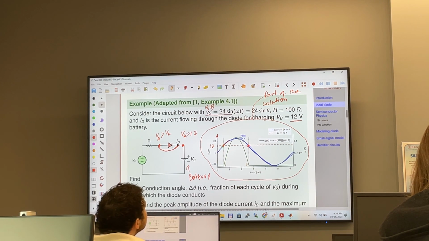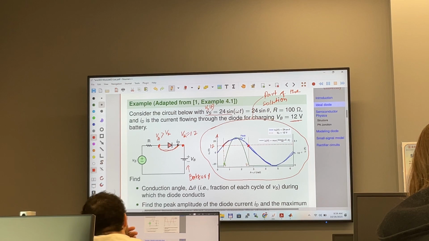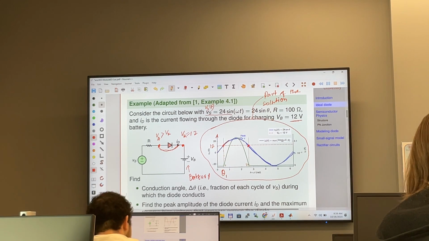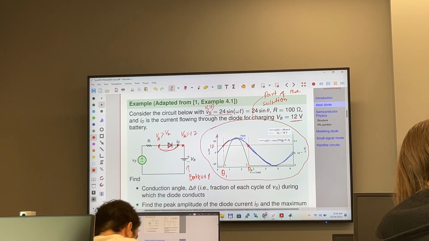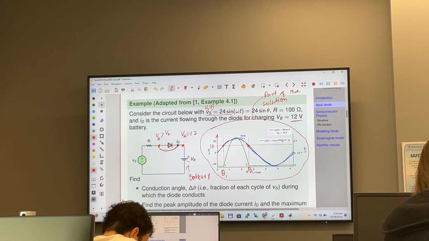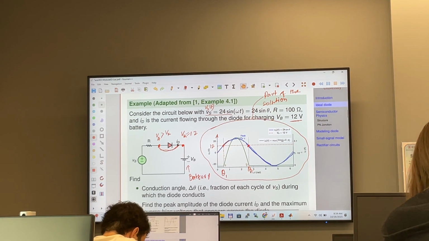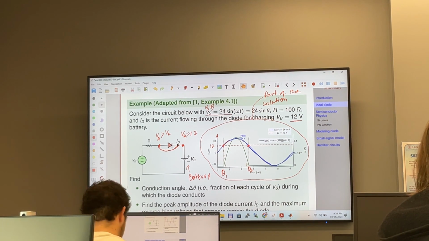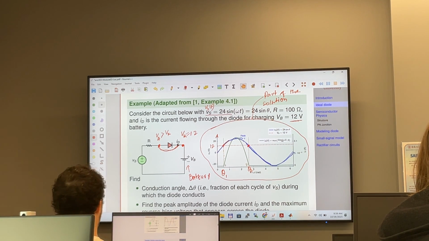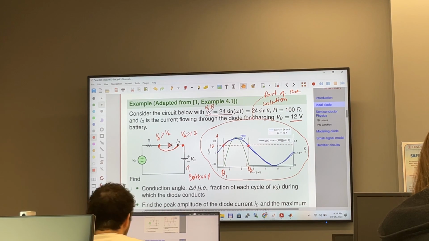So the angle corresponding to this point, let's call this theta 1, and the angle that corresponds to this other point, let's call this theta 2. Let's find the conduction angle.